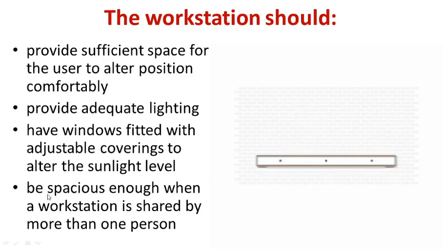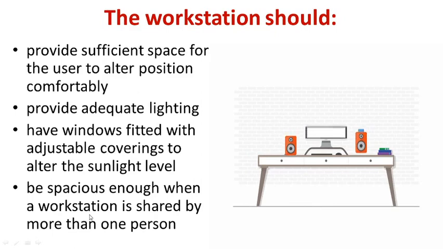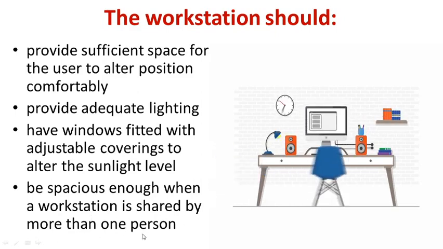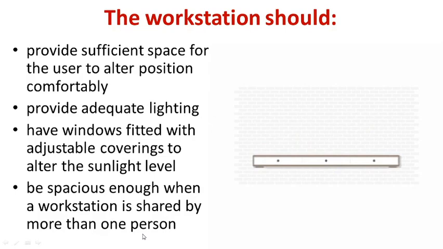Fourth point specifies, be spacious enough when a workstation is shared by more than one person, which implies there should be proper spacing in between the employees while they are working together.